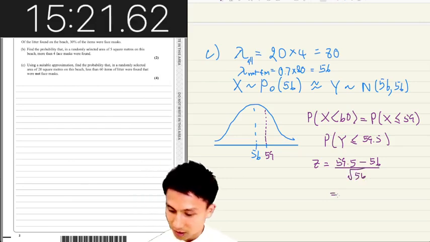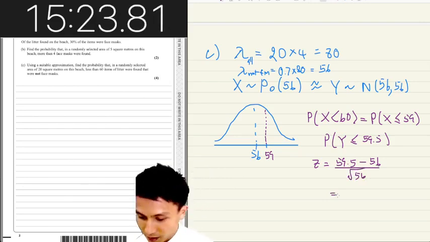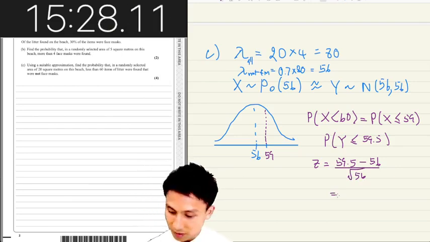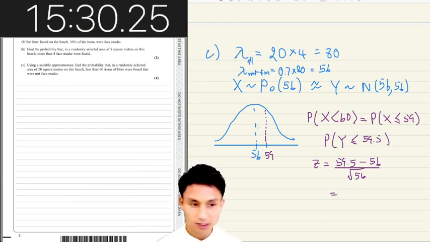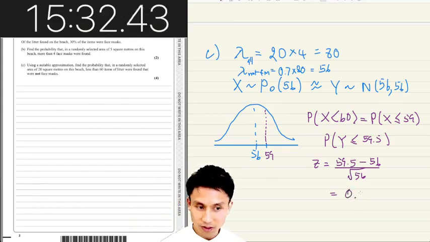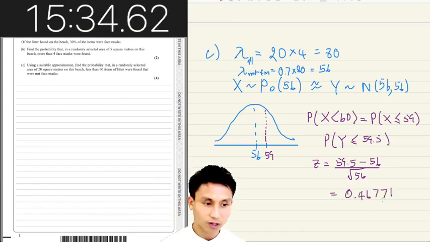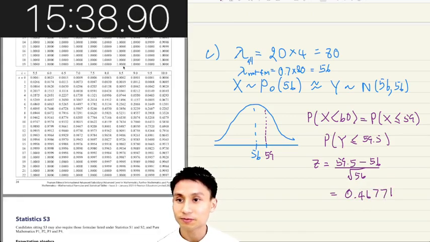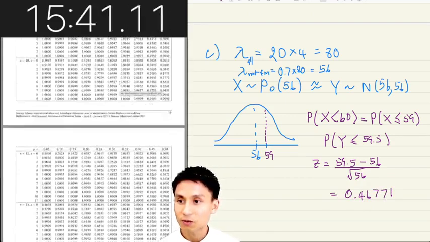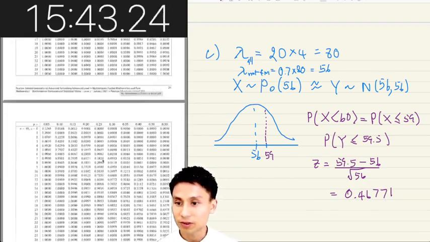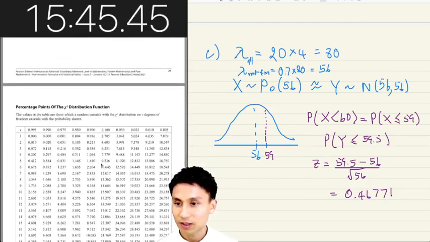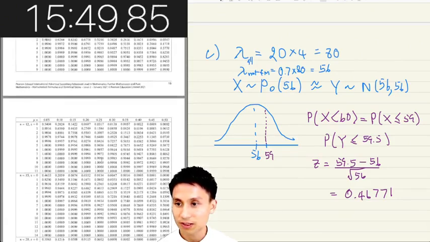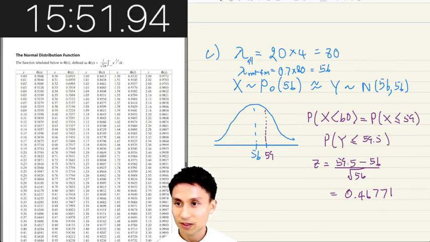I'm just going to plug in the calculator here. 59.5 minus 56 divided by square root of 56. That gives me 0.46771. Okay, and then I'm going to open up the table to find the probability. That would have to be the bell curve probability. Where's that? Okay, it's here.